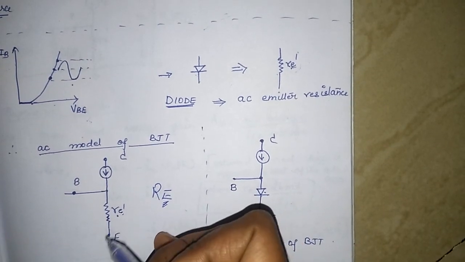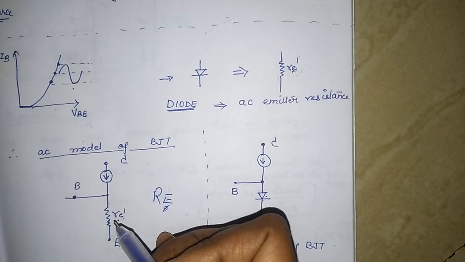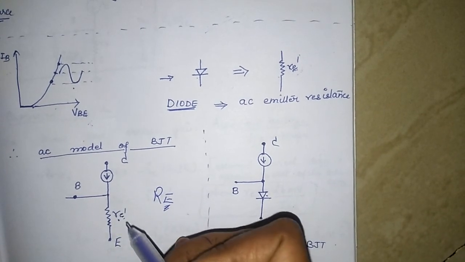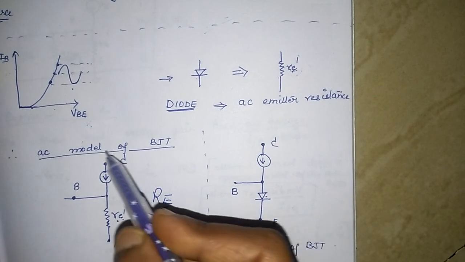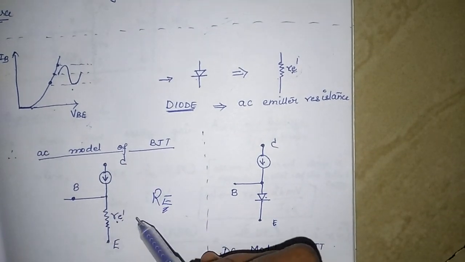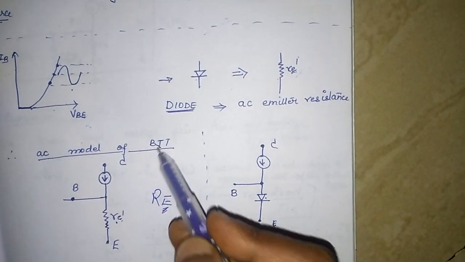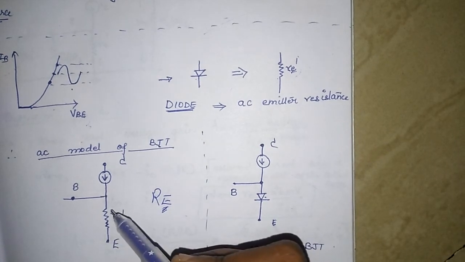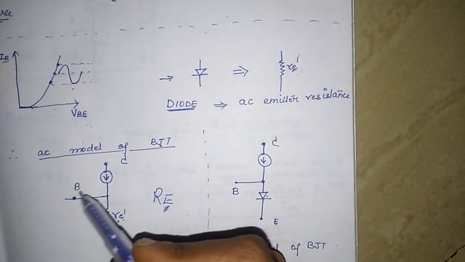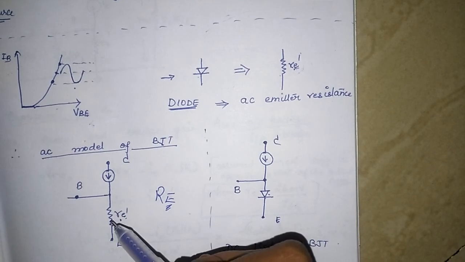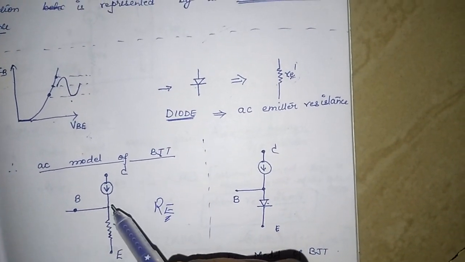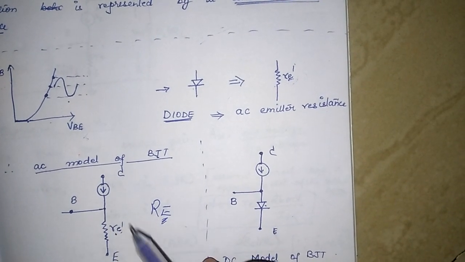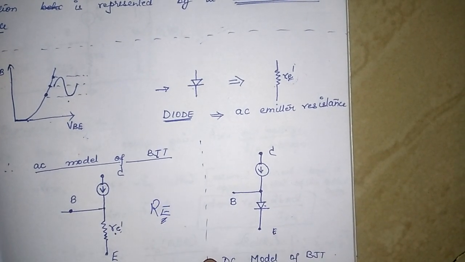It is actually a representation of the base emitter junction as a resistance. So this is the re model or the AC model of the BJT. Another name for this is the T model of a transistor, because if you just shift it, it also looks like a T. So this is about the re model of a BJT.